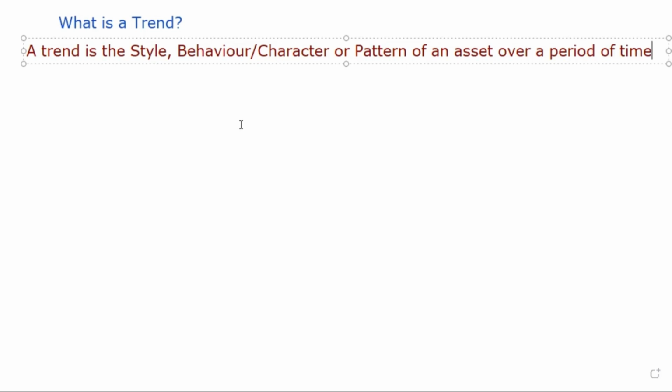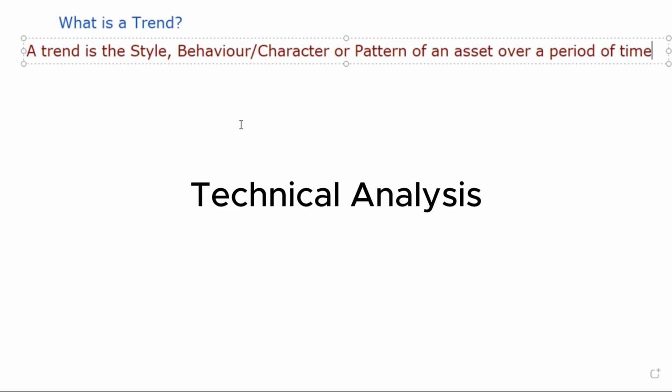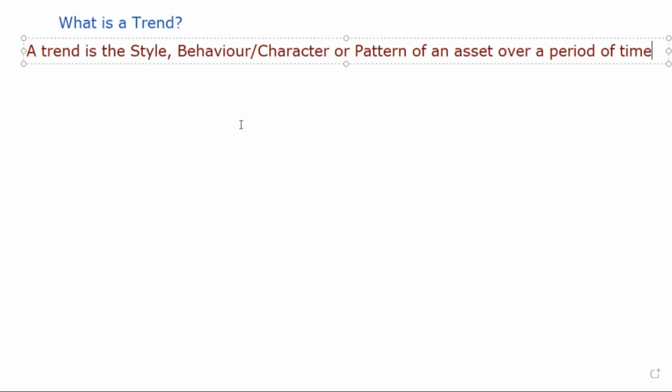That attribute or character of analyzing a chart is called technical analysis. So technical analysis is what we use trend to do. When you are using trend on the forex market, or on the binary market, or any market at all, it is technical analysis you are doing when you are looking at the trend of that asset.